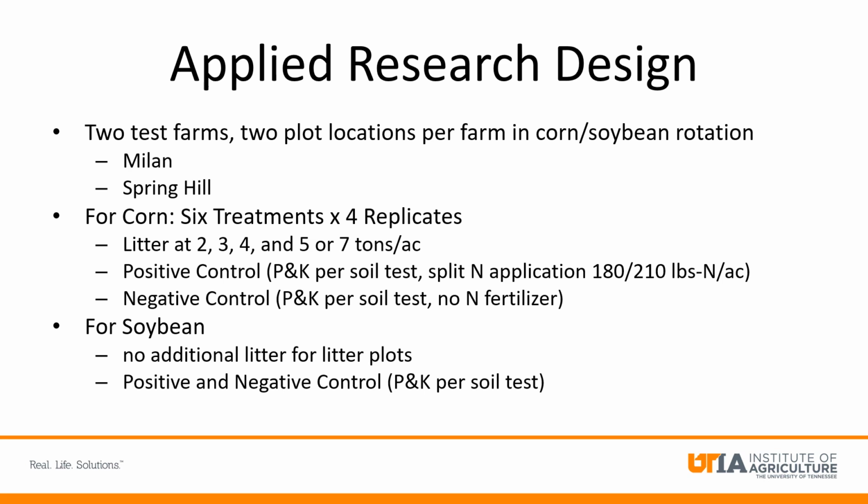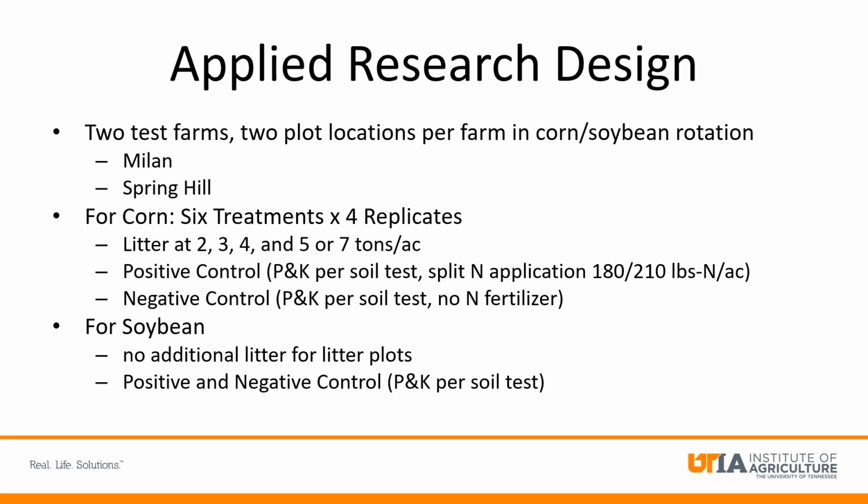The first plot location at each farm was established in 2019 in corn, and the second location was established in 2020 in corn. The first location that was established in 2019 was rotated to soybeans for 2020. The idea being that we can collect more data if we have corn and soybeans alternately being produced in the plot areas each year at 2 sites.